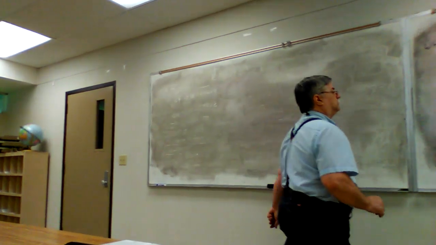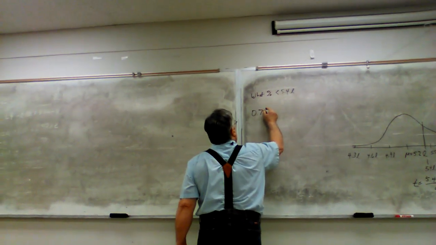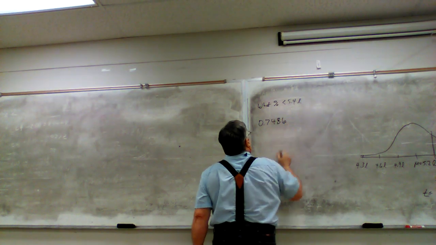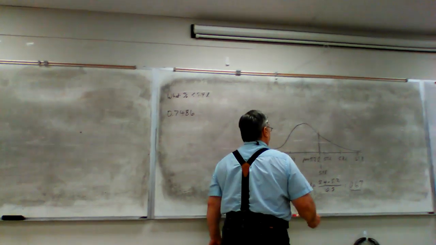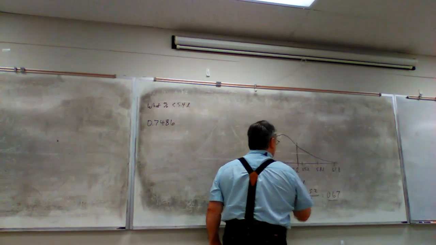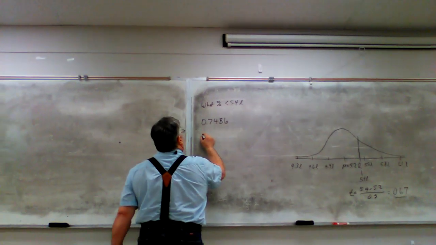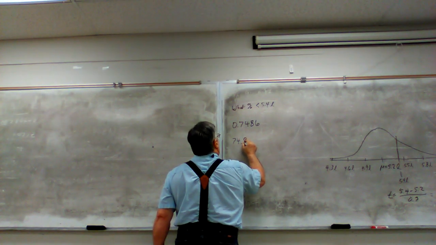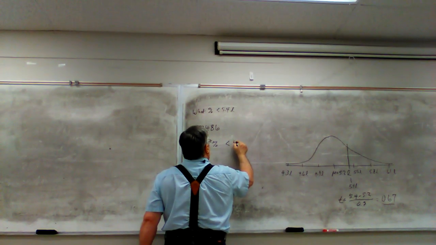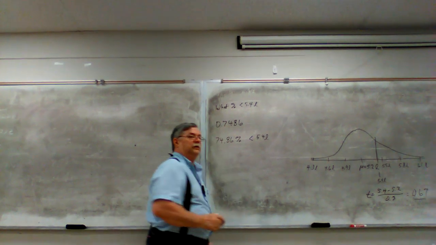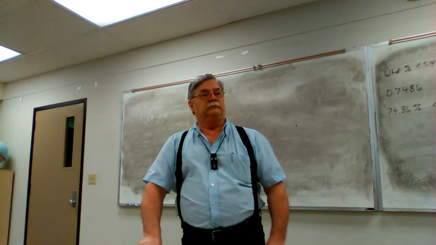There you go. So that is the probability that any person, any member of this distribution would be less than 5.4, or stated differently, 74.86% of the population has less than 5.4 liters of blood in their system. See how that table works, right? Okay.